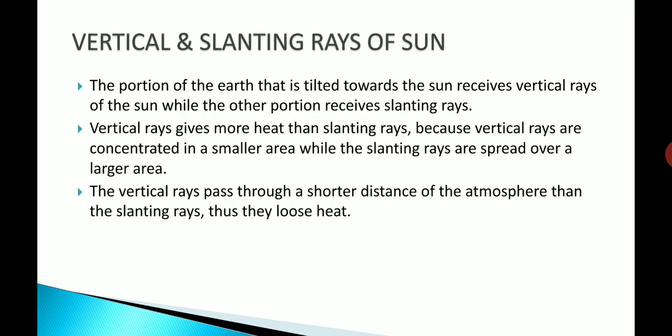The vertical rays pass through a shorter distance of the atmosphere than the slanting rays, means the straight rays go for a shorter distance of the atmosphere as compared to the slanting rays, and due to the longer distance the slanting rays lose their heat.